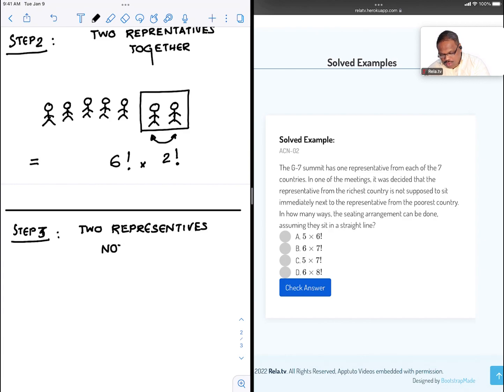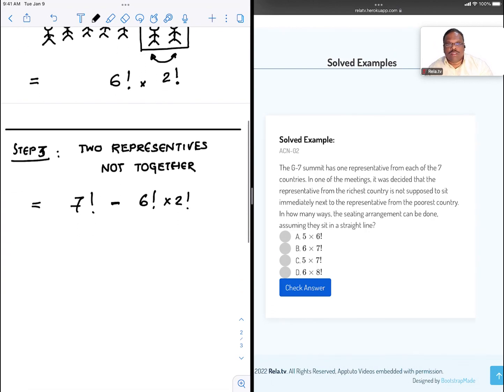I will say not together will be simply the subtraction of these 2 steps. That would be 7 factorial minus 6 factorial times 2 factorial. Now 2 factorial is simply 2, because 2 times 1 is 2. So this will be 7 factorial minus 6 factorial times 2.